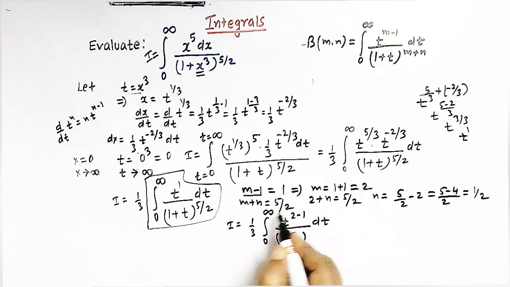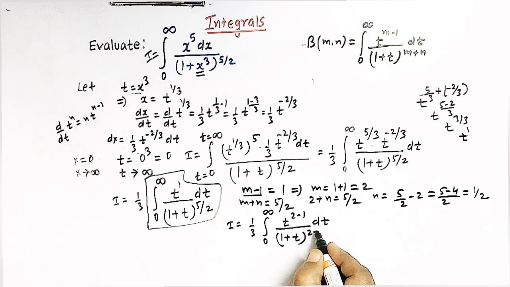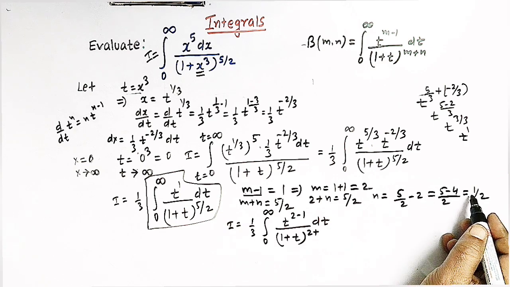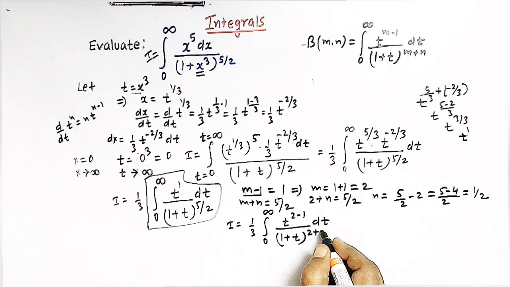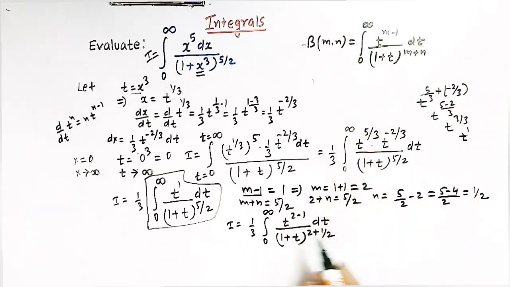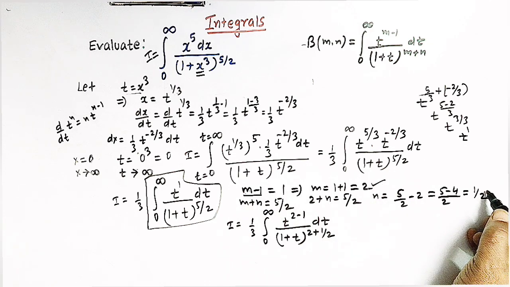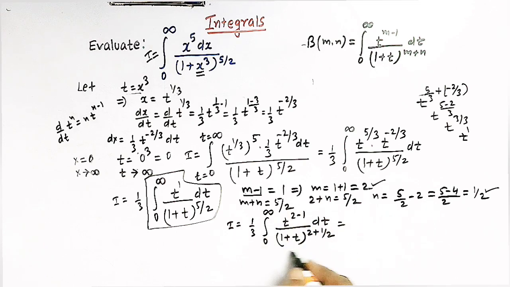So 5 over 2 is m plus n. M is 2, and n is given by half. So now this integral is exactly of this form. So now the value of m is 2 and the value of n is half, so this is our beta function.